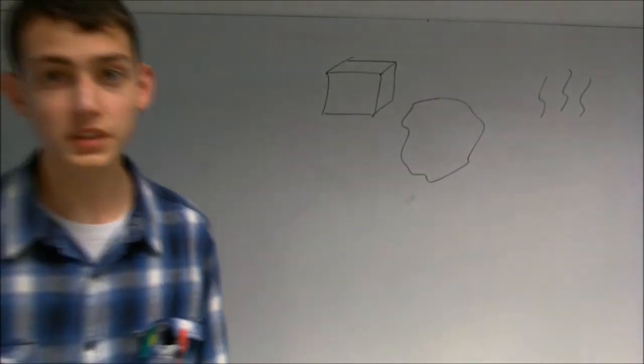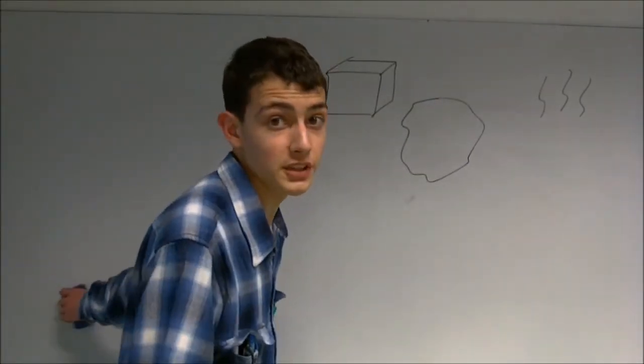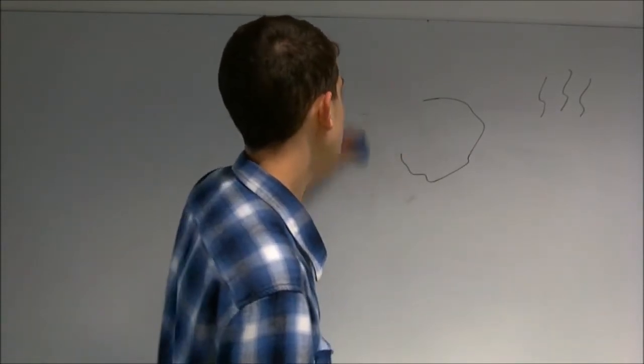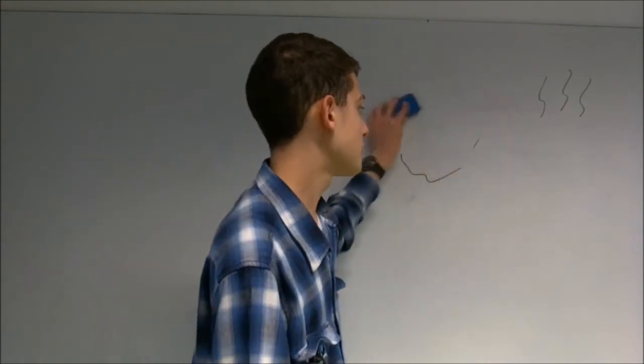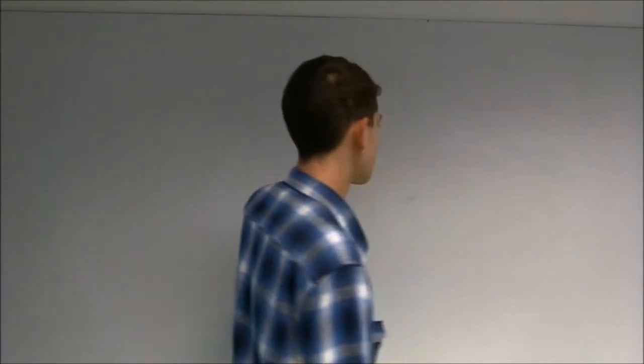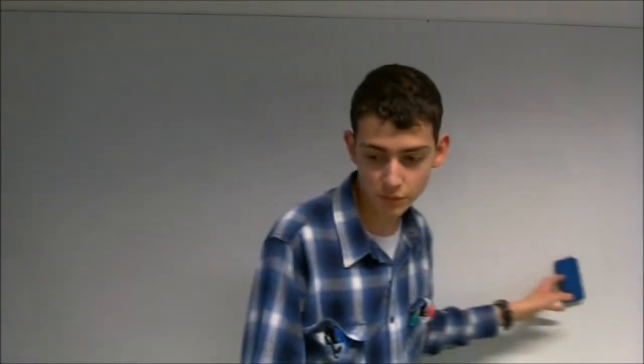So what's the definition between them? One, the solid, retains its shape, unlike the other two. The liquid retains its volume, while the gas does not do any of those. Whereas solids retain their shape to a point.